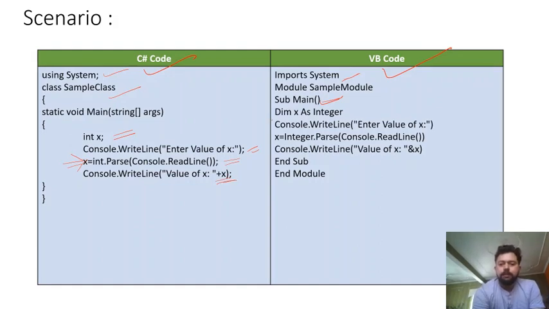Then Console.WriteLine is for printing the message, enter the value of x, and Console.ReadLine is for getting the value from the user. Then Console.WriteLine, the value of x is %x. We are closing this Main and then closing the module.